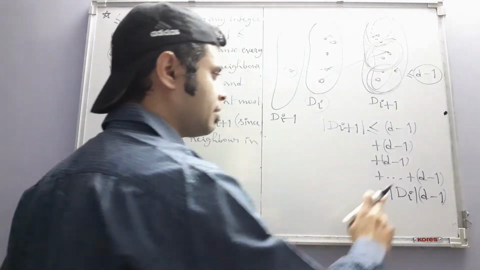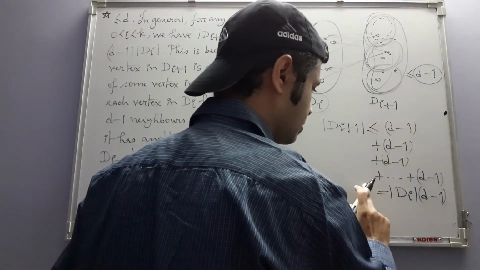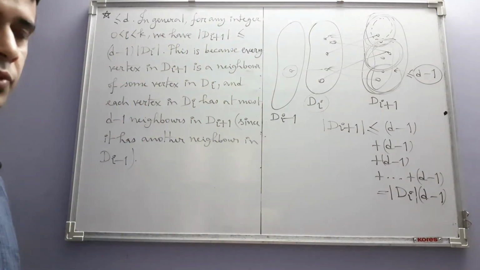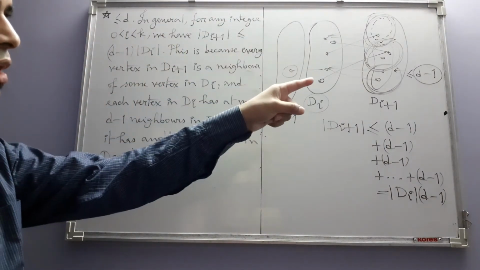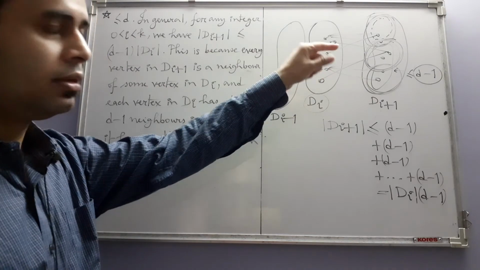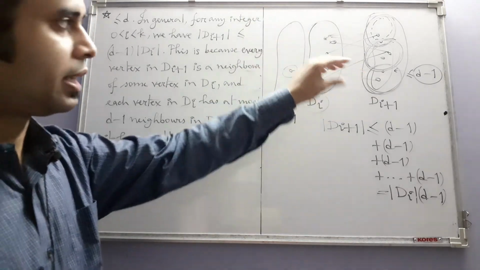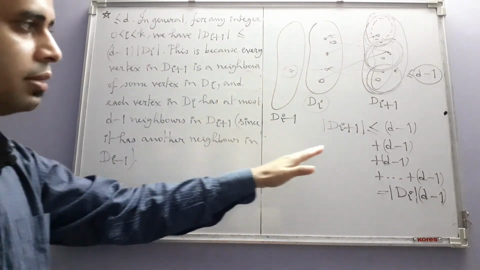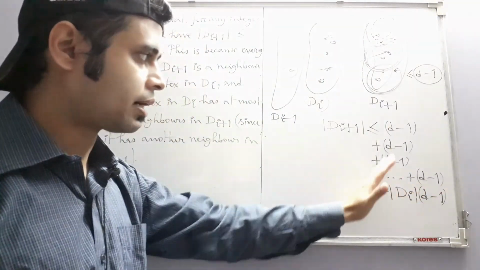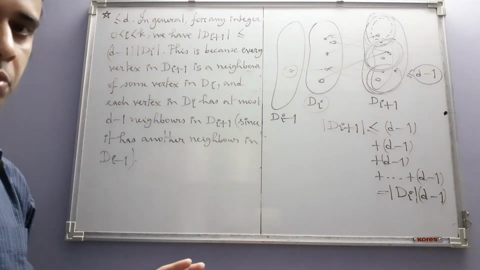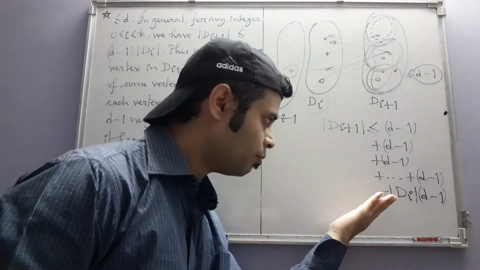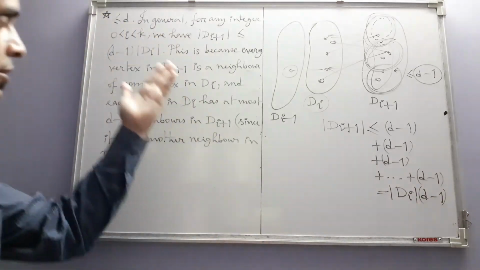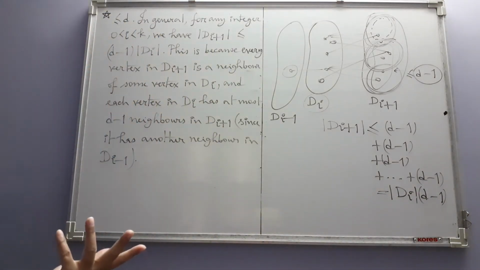So as clumps, they are giving us at most this number, and each vertex in di plus 1 is appearing in some clump that is coming from one vertex in di. So that's why this takes into account all the vertices in di plus 1, and this is the maximum possible number of vertices. So that is how we are getting these inequalities.